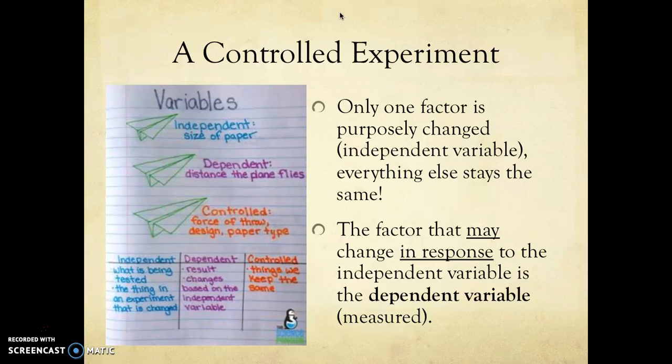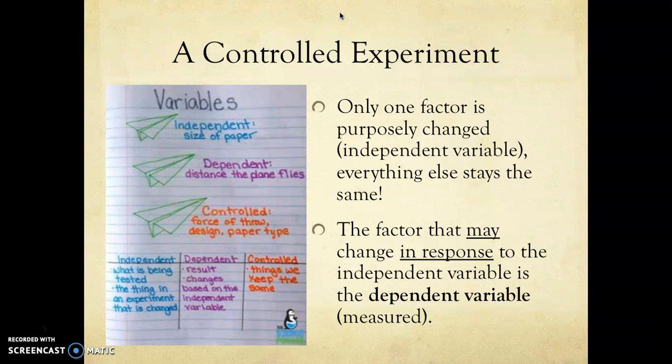So for example, in the diagram on the screen, you can see a few different variables. So let's say we're doing an experiment with paper airplanes, and we're trying to see if the size of the paper that we use affects the distance the plane flies. So if we're using different size papers, let's say we're making an airplane out of a Post-it note, and we're making another one out of a piece of notebook paper, and another one out of a piece of poster paper, right? Those are all different sizes.